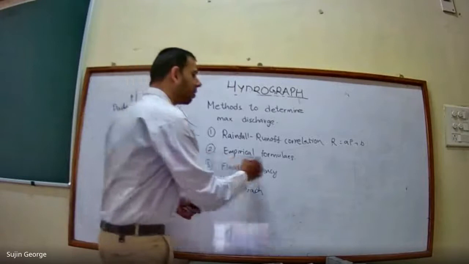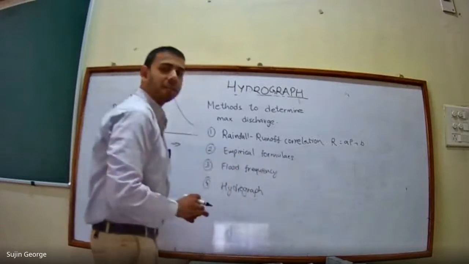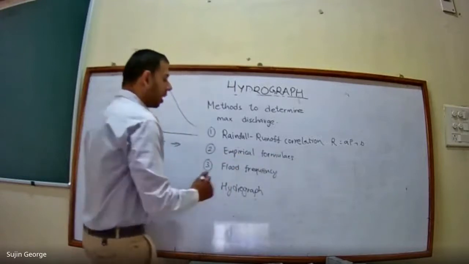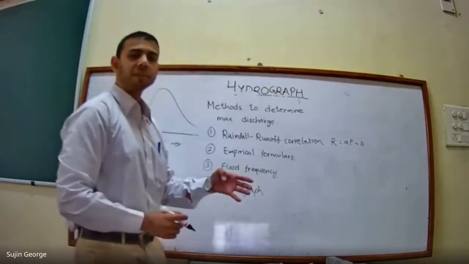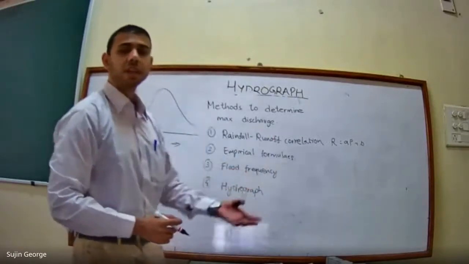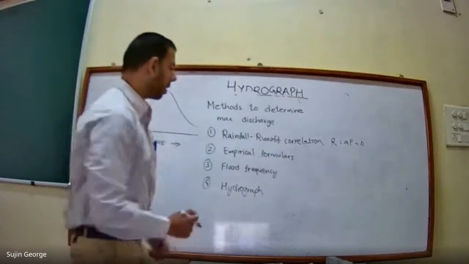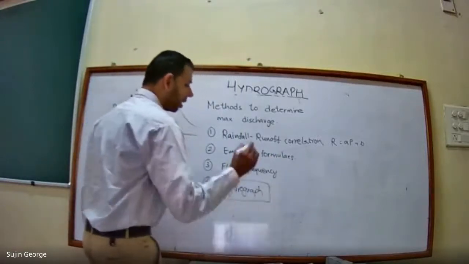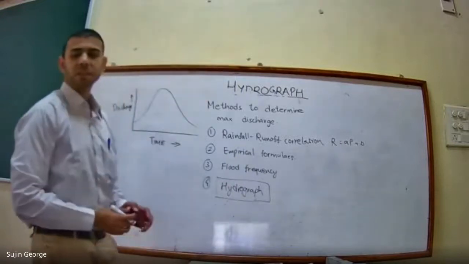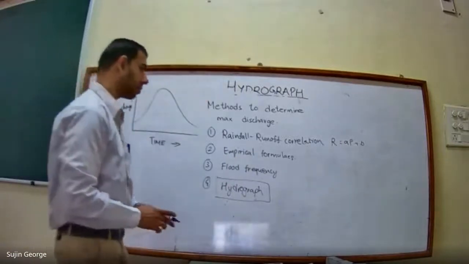All these empirical formulas are for calculating the maximum discharge. Then there is the flood frequency method, which we will discuss in another topic. But today's topic of prime concern is the hydrograph.